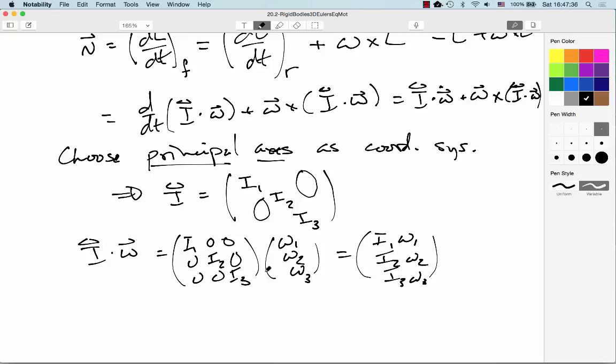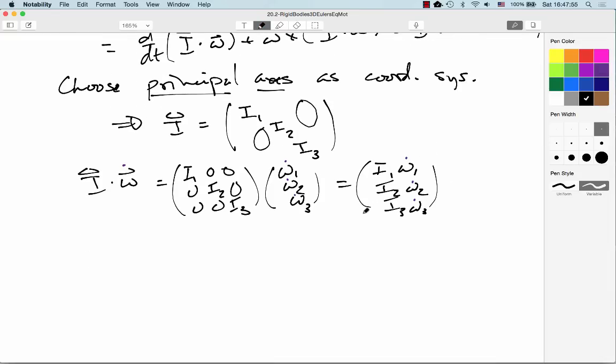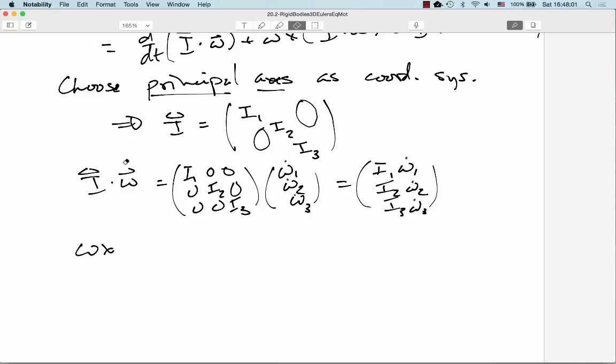And similarly, if we do I dot omega dot, all these just pick up dots. I should make that color other than purple.